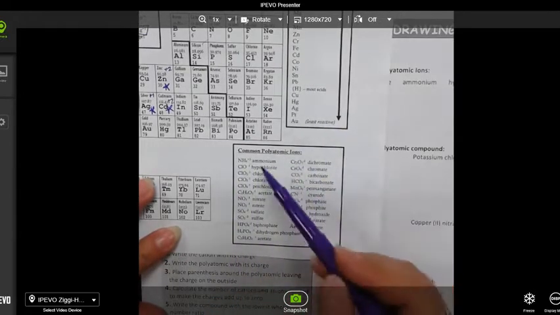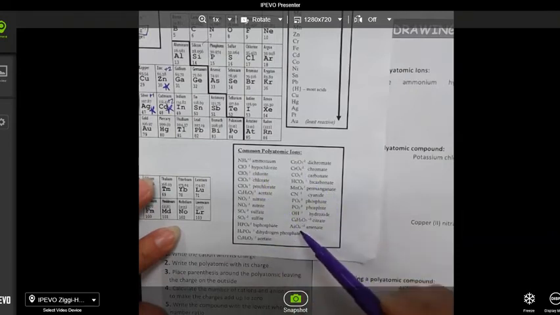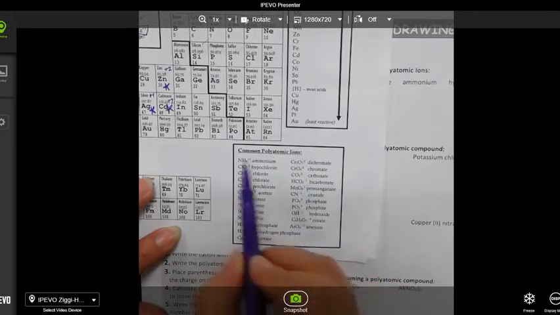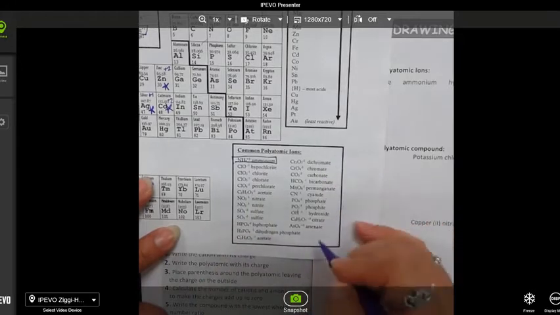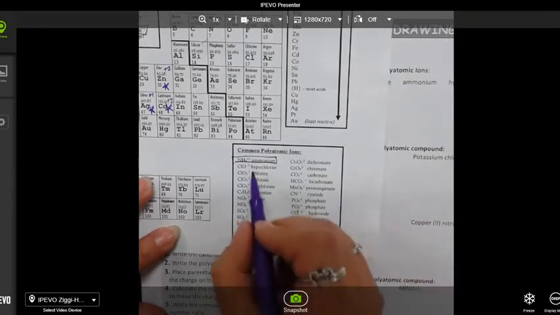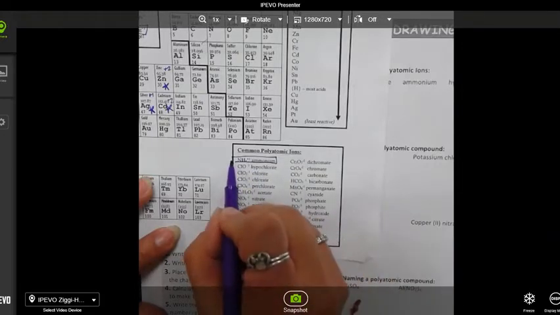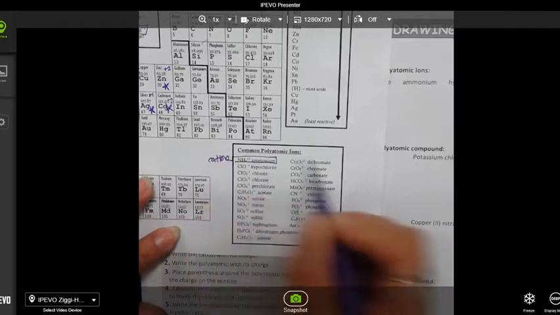Now, what you will notice is that almost every single one of these polyatomics here is negative. So most of these, with the exception of ammonium, are going to be anions. This is the only positive polyatomic ion, the only cation.